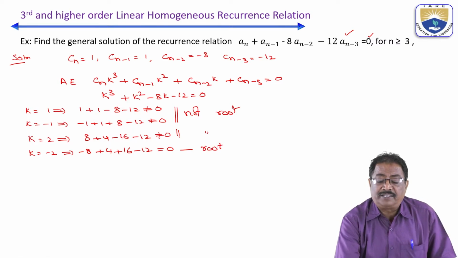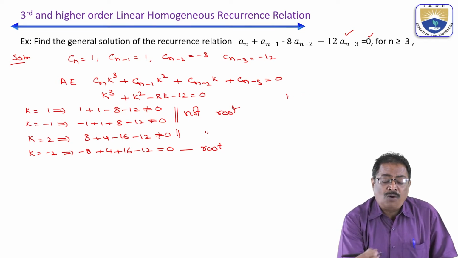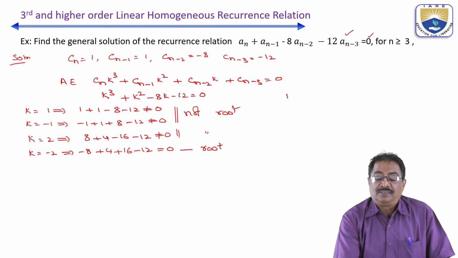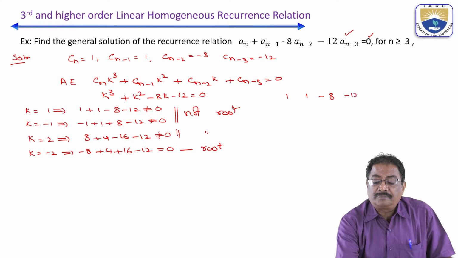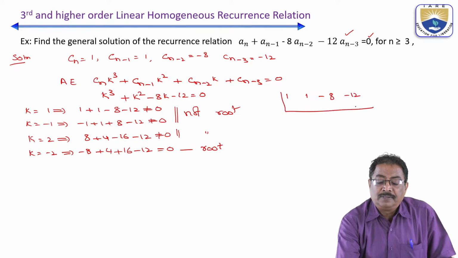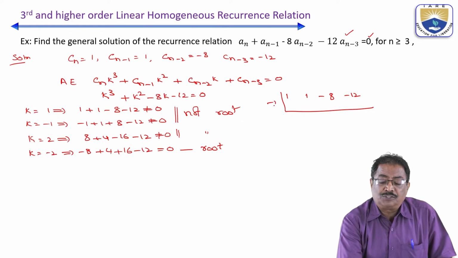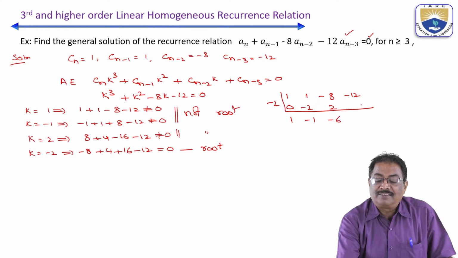Now by using synthetic division, I am going to find out the remaining roots, that is, how we write the factors. The coefficients are 1, 1, minus 8 and minus 12. Taking minus 2, we get 1, minus 1, minus 6, and the remainder is 0.